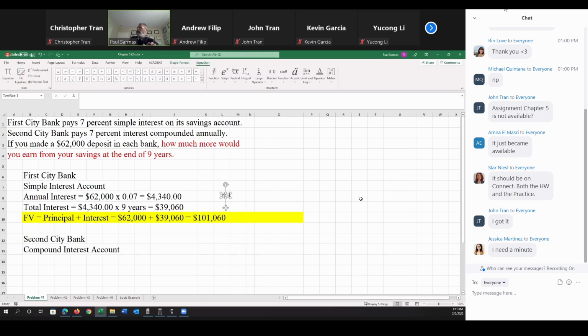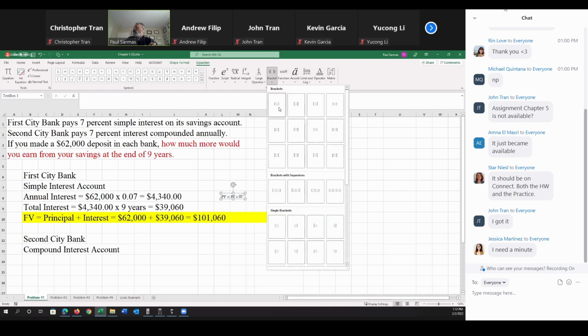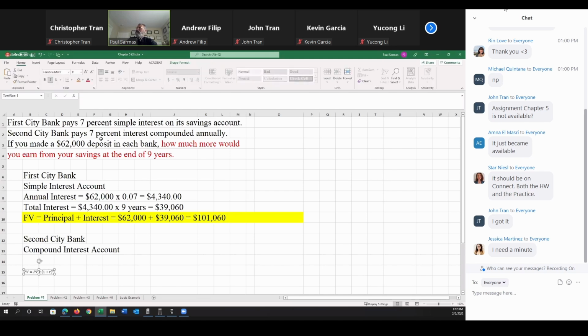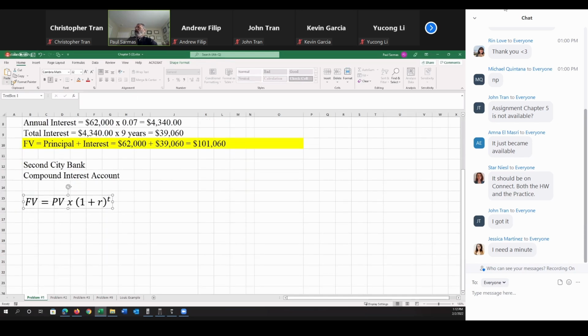This is from your lecture: future value is equal to present value times (1 plus R) to the power T. Let me enlarge this so you can see it very clearly. And all I have to do now is plug in numbers.